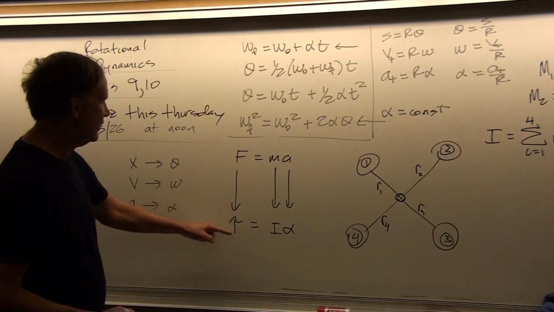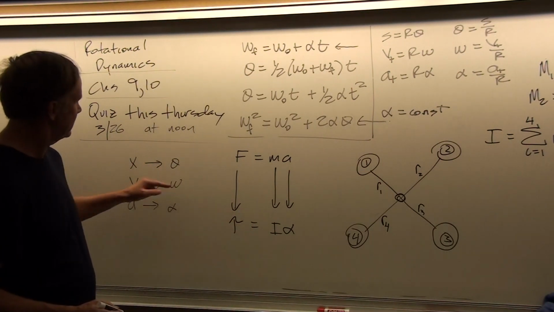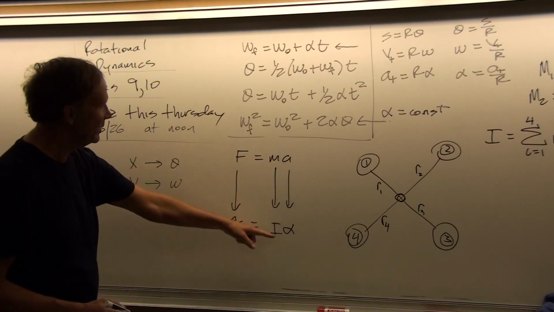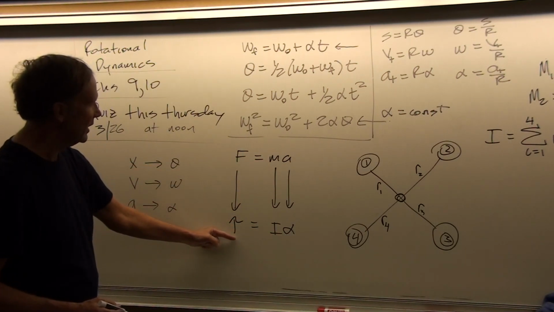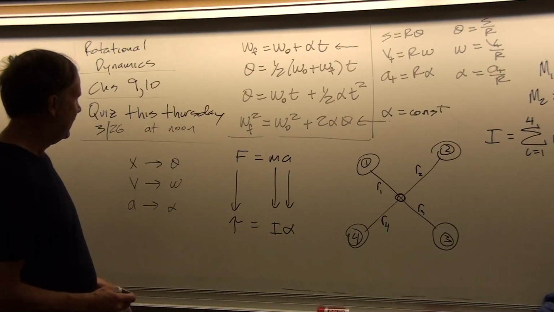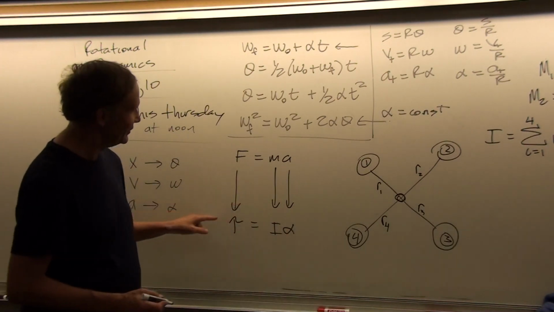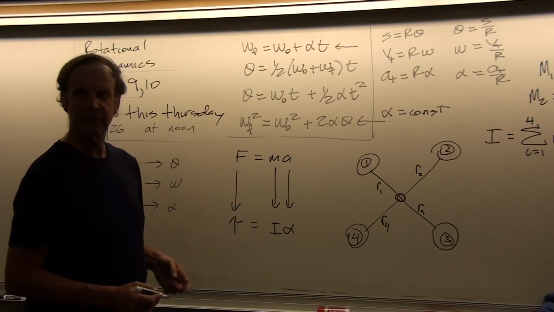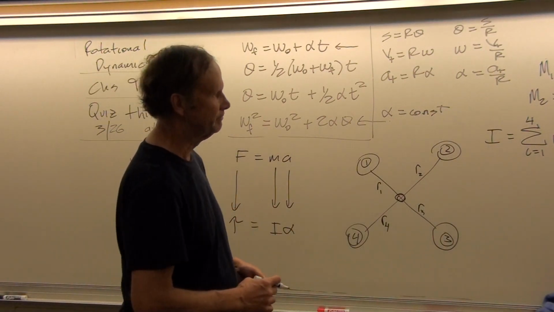So we end up with an equivalent mathematical relationship to F equals ma for rotational problems, being torque equals I alpha. And so this is kind of like our Newton's second law principle for rotational motion problems.